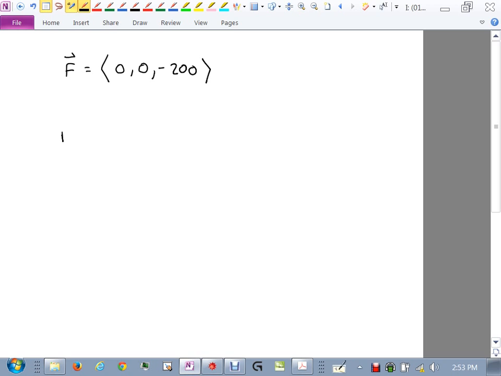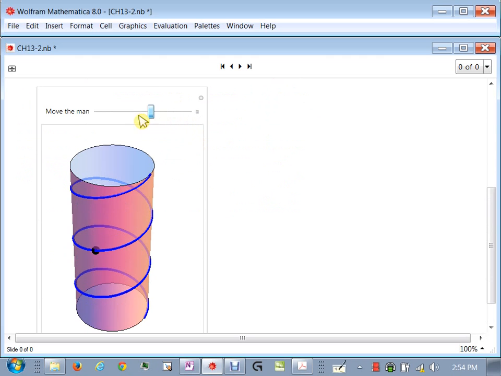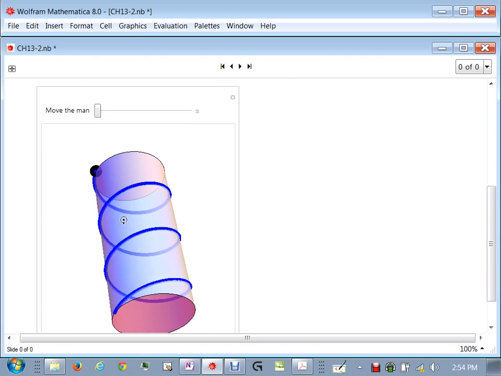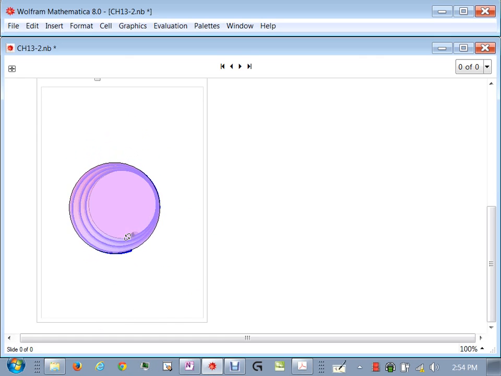Now the difficult part is R. So R was that coil spring-looking thing, right? I'll bring the problem back up so you can take a look at it again. The staircase is a helical staircase wrapped around a 20-foot radius cylindrical silo. It takes 3 complete revolutions to reach the top. So let's look at it from the top.